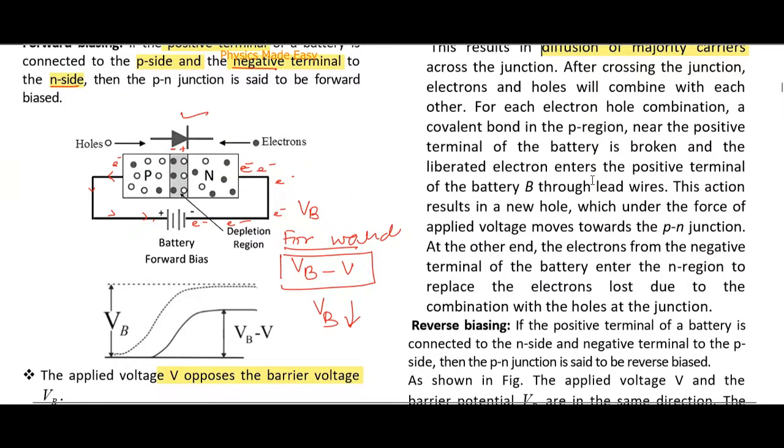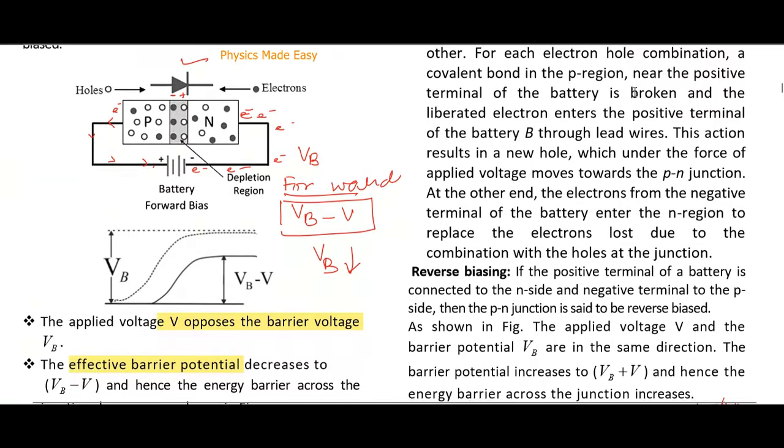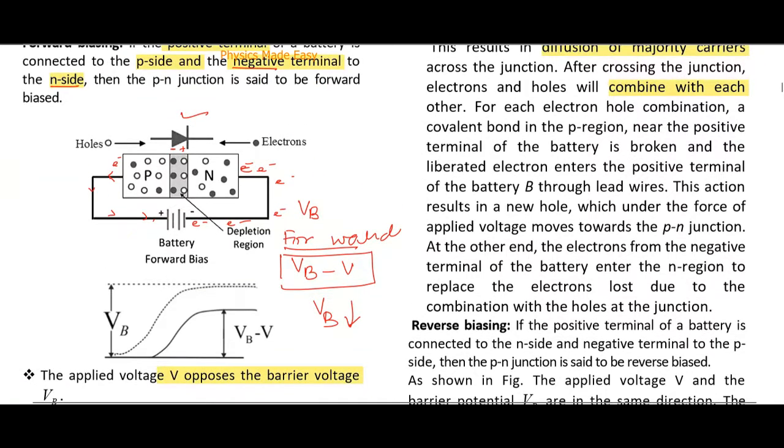Now let us read how it is written. After crossing the junction, electron and hole will combine with each other. For each electron hole combination, note this line, a covalent bond in P region near the positive terminal of the battery breaks.